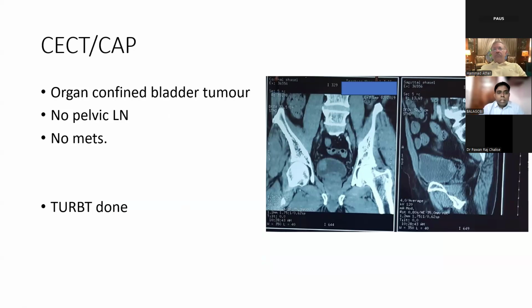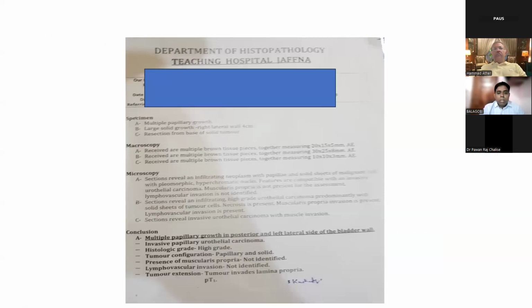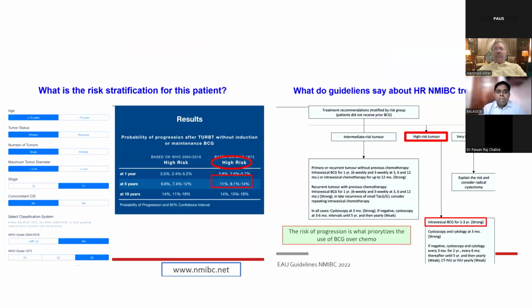So TURBT was done. Histology, sorry, this is not clear, but high grade pT1 and the detrusor muscle was present. So considering, as Prof. Ahmed said, this patient comes to the high risk category.